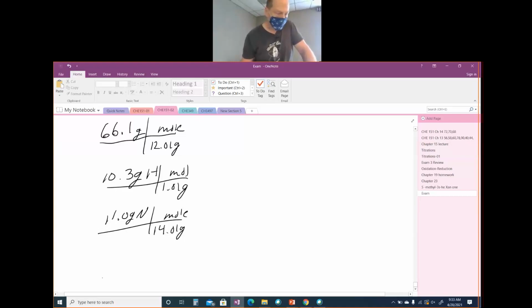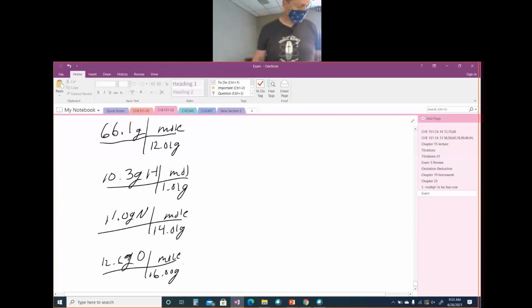And finally, we have 12.6%, so grams in a 100-gram sample of oxygen, and then we divide that by the 16.00 grams per mole for your oxygen. All right, and when you add those up, you get 100% or 100 grams.